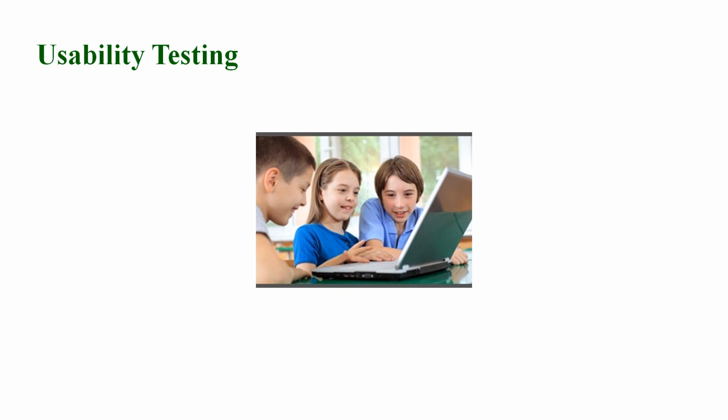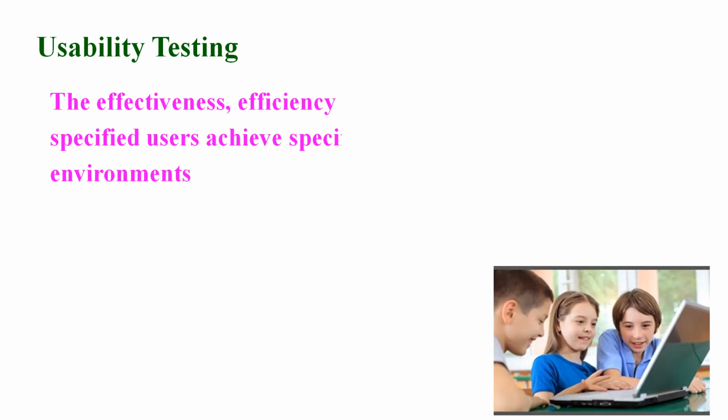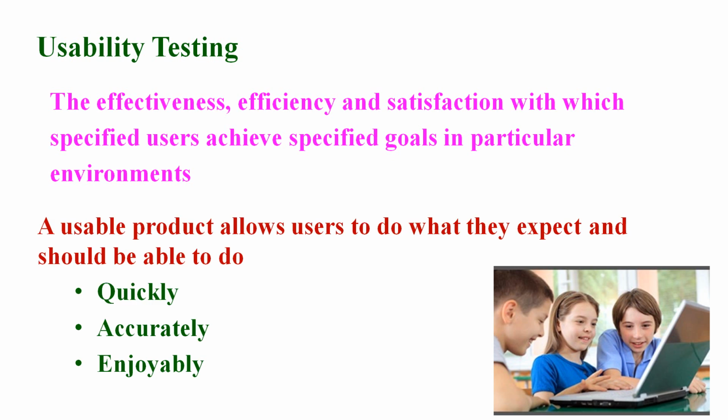During usability testing, the software test engineers are supposed to focus on different aspects. So, what do you mean by usability? It is the effectiveness, efficiency and satisfaction with which the specified users achieve specified goals in a particular environment.